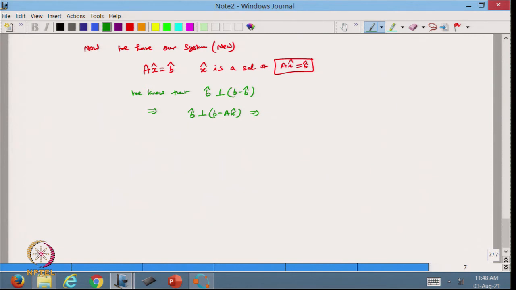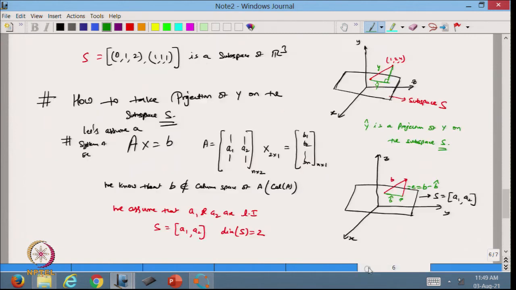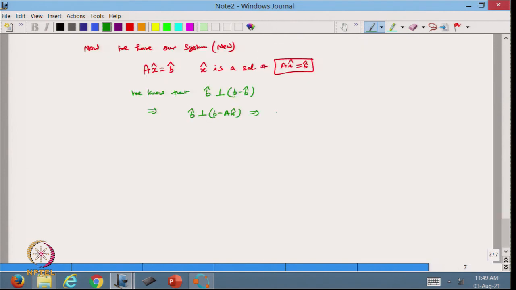So, from here I can write that b hat is lying in the subspace S, which implies that b hat can be written as some linear combination, C1 A1 plus C2 A2.